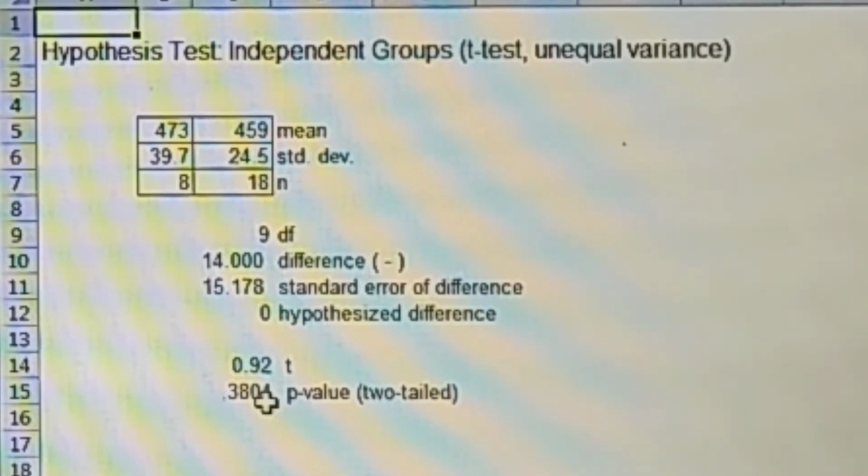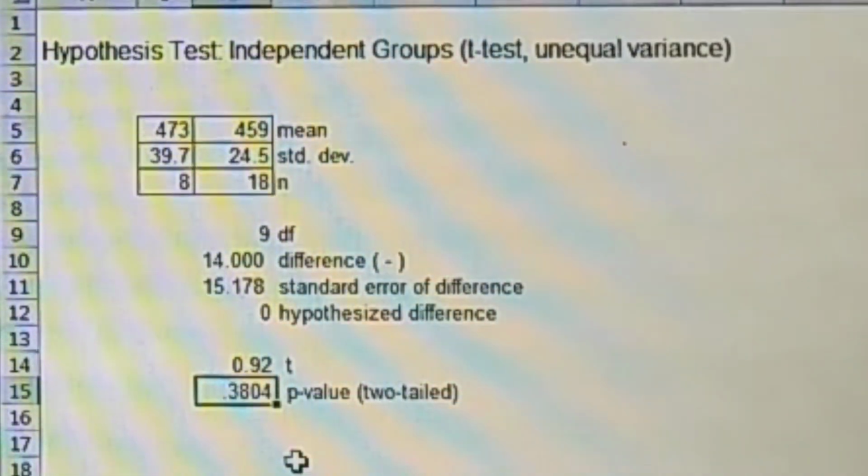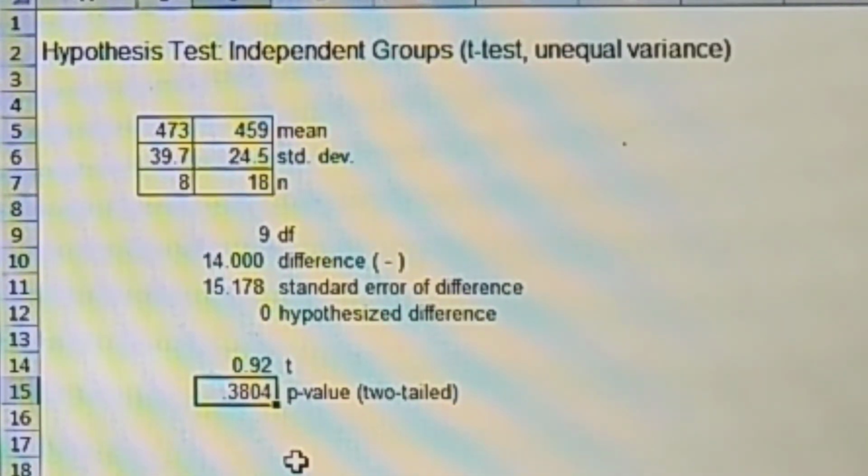It says here that we fail to reject HO. This value has no color, and it is greater than the designated level of significance, which is 0.10.